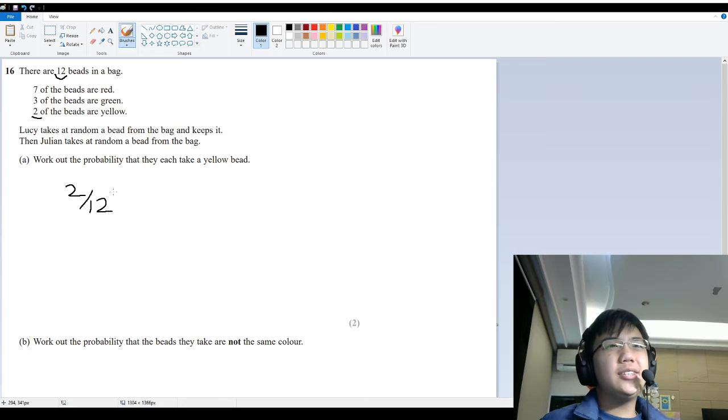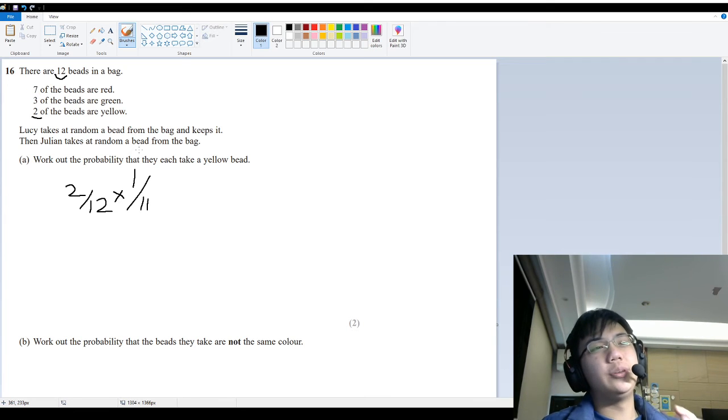However, Lucy keeps it, which means for Julian there's one less yellow bead and one less bead in total. So the chance of Julian taking a yellow bead at random is 1 over 11, as there's only one yellow bead in the bag and only 11 beads left in the bag, as one of them has already been taken.